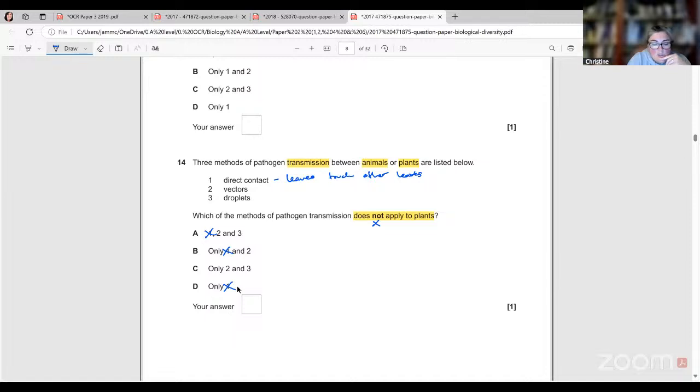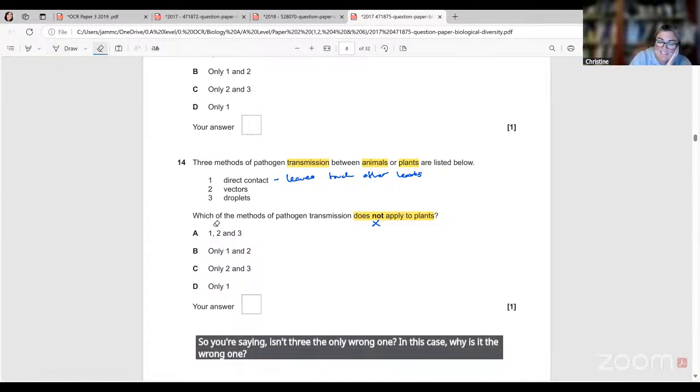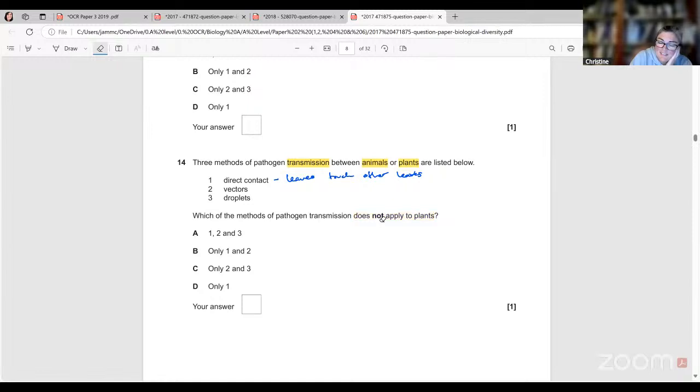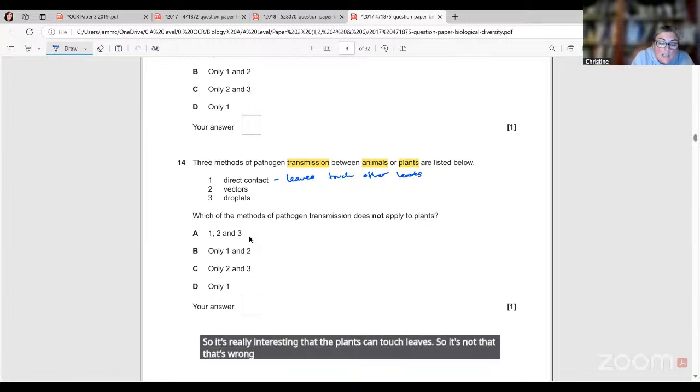You're saying, isn't 3 the only wrong one? In this case, why is it the wrong one? It's really interesting that the plants can touch leaves. It's not that that's wrong, it's that one is correct, and therefore we need to remove C. That's the bit where students get confused.